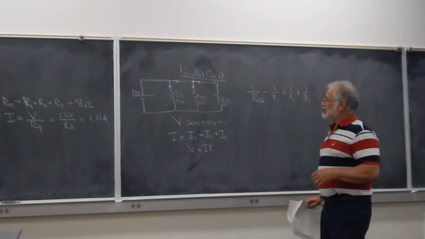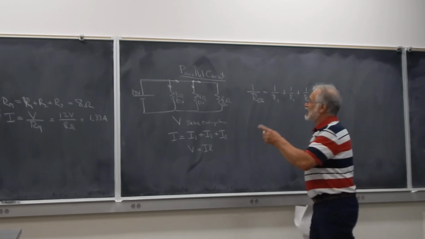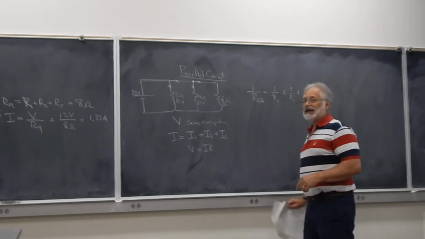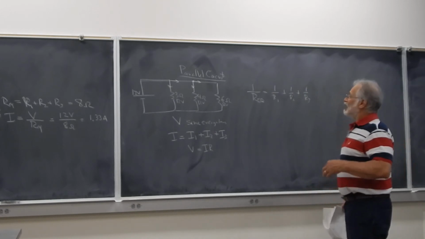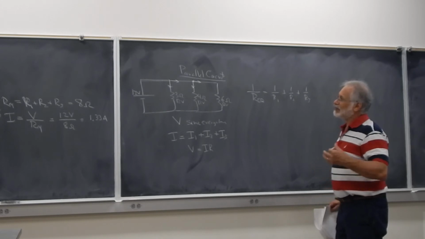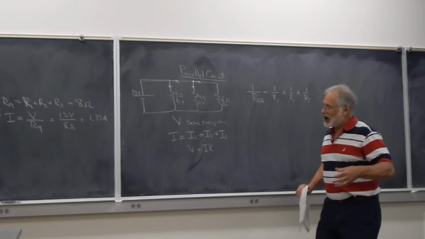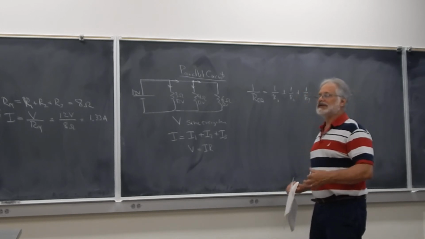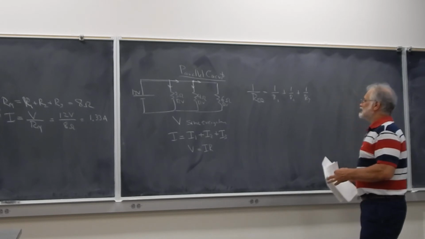Other similarities, though: the voltage in a parallel circuit is the same everywhere, as it is in a parallel circuit with resistors. For a series circuit, the current is the same everywhere for a circuit of resistors. The charge is the same everywhere for a series circuit of capacitors. So you see these two similarities.